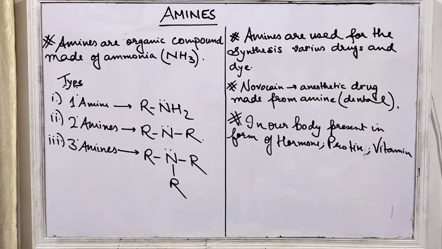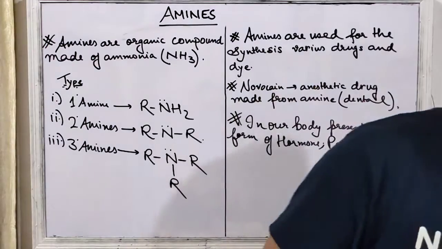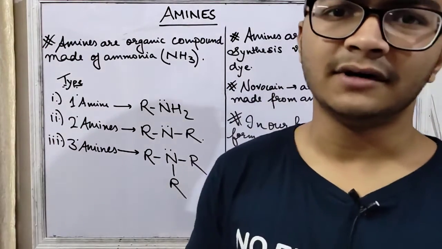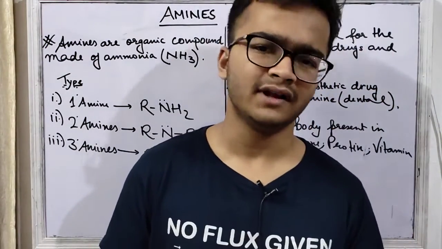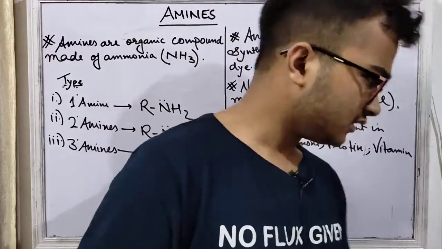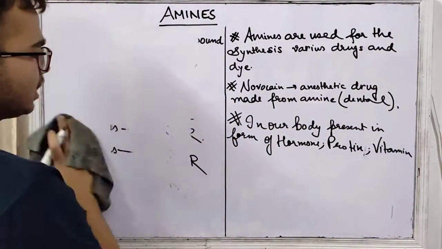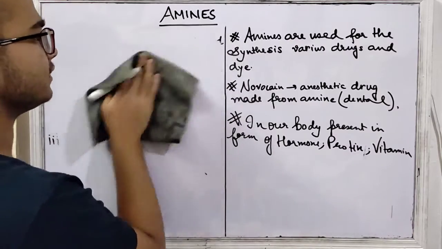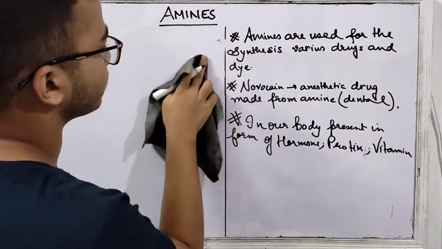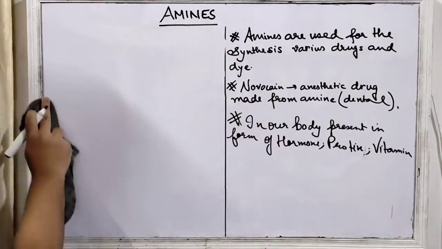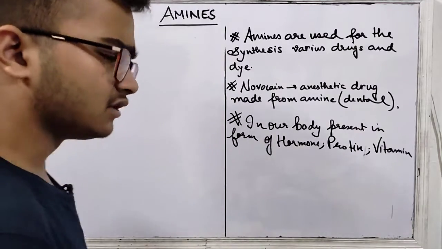Done. So let's start with the preparation method. The first preparation method which comes to our mind is the thing which we learnt in the alkyl halide chapter. If you followed the series, it was the Hoffman ammonolysis. Okay, so let's remove this portion. Give the heading methods of preparation of amine. There are various methods of preparation of amine.